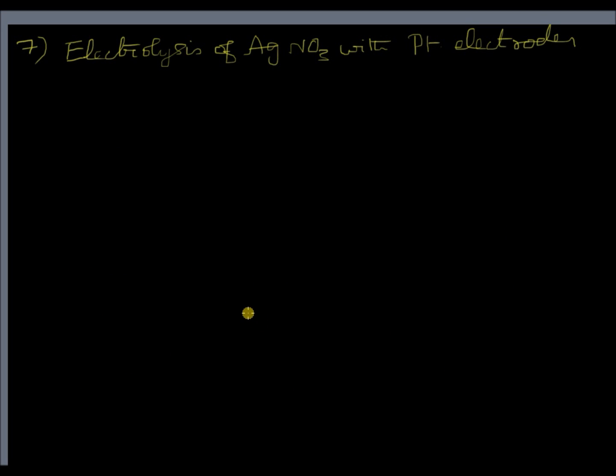What would be the products of electrolysis of aqueous silver nitrate with platinum electrodes? Write the ions: Ag+, NO3-, H+ and OH- ions. The two cations are Ag+ and H+, so it is reduction of Ag+ or reduction of water at cathode.